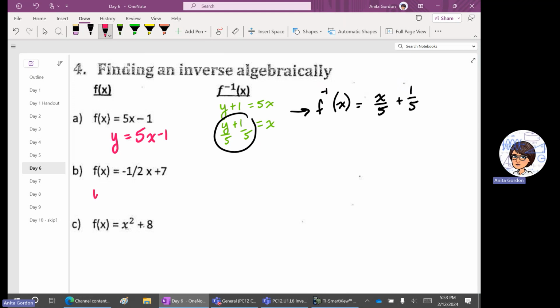All right, here we have y equals negative x over 2 plus 7. What would be my inverse function here? Okay, I'm going to have to multiply everything by negative 2 to get rid of that fraction, and I need to subtract 7 from the y. So let's do this step by step so you can see what I'm thinking here.